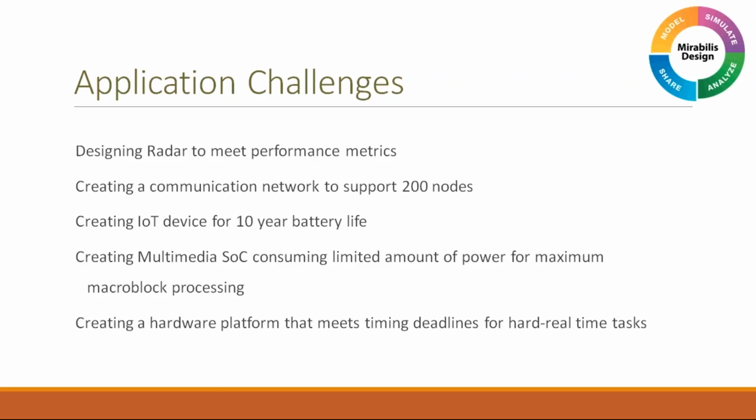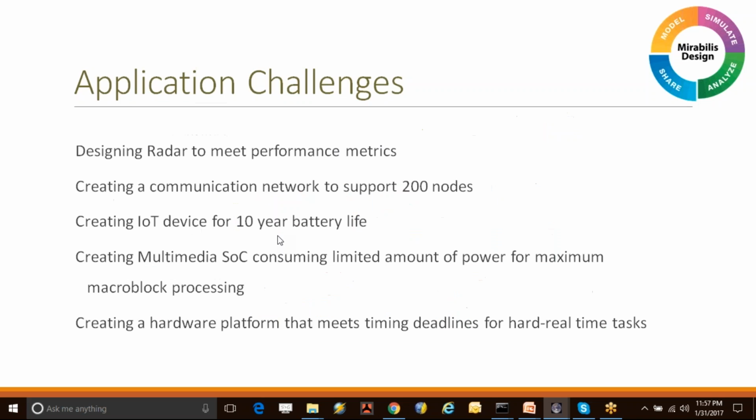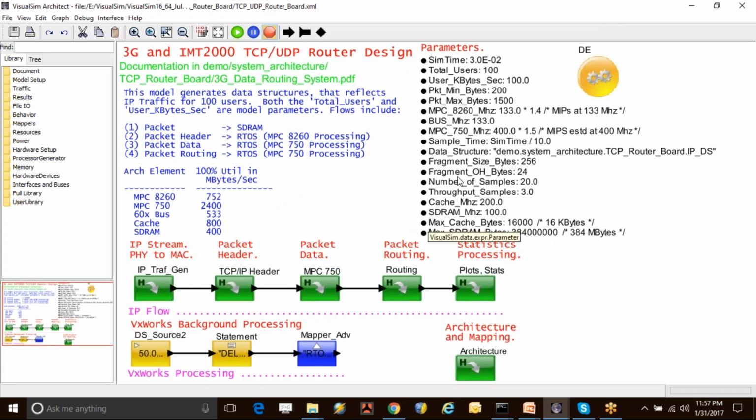So I'd like to go over a demo example right now to give you a few ideas how exactly it would look. For example, in this case, we have a 3G IMT 2000 TCP/UDP router design. I have defined my behavior flow in which you have your IP streams coming in, packet headers and packet data, and routing of the packets.